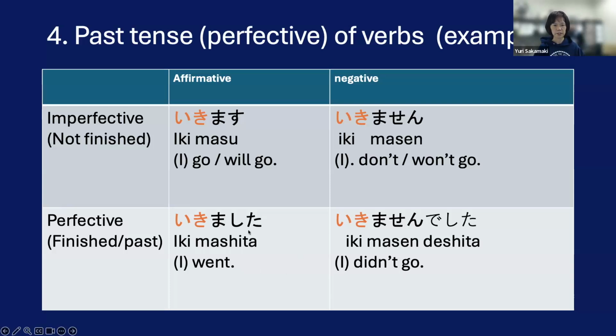So that's how it changes. So 行き part tells me, oh, it's something about going, and this ます、ません、ました、ませんでした, they tell me whether it's negative or affirmative, or when it happens, or when it happened.